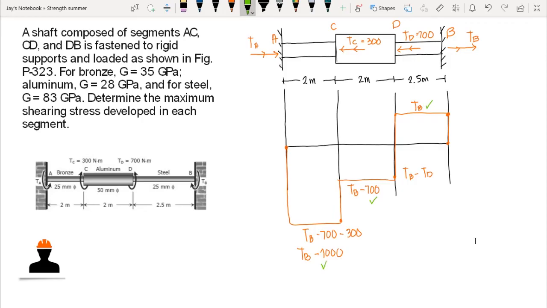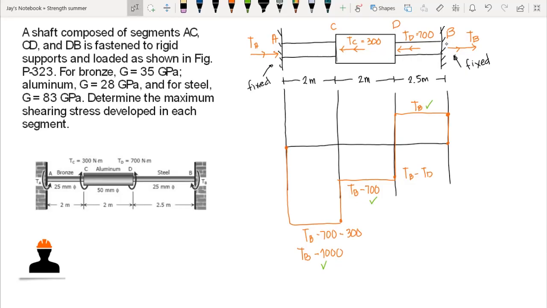So first, in this problem, we have to compute TB so that we could have the value of this internal moment. But how are we going to compute TB? We have to apply a compatibility equation. We have to introduce a new equation that involves the angle of twist. Take note, since points A and B are fixed supports, joint A and joint B will not move.